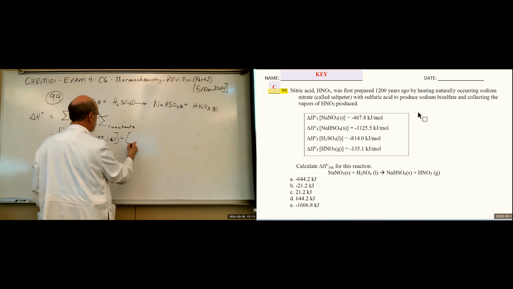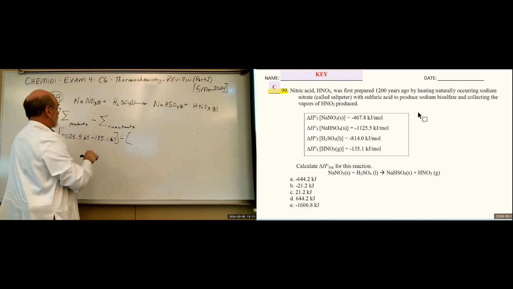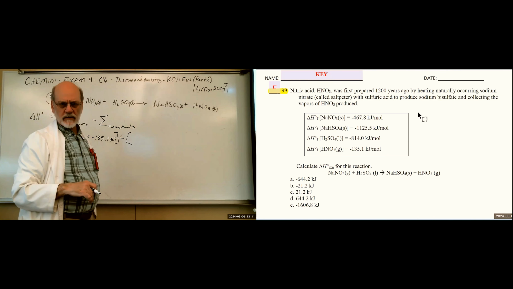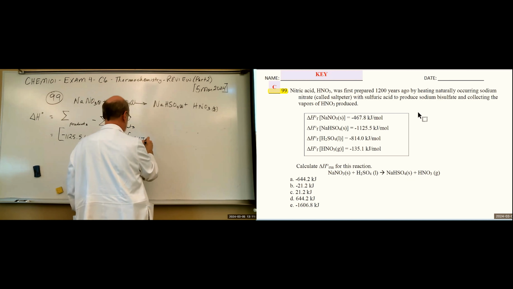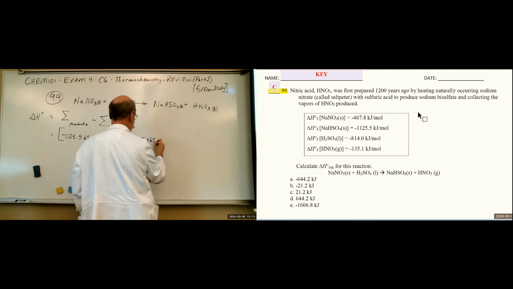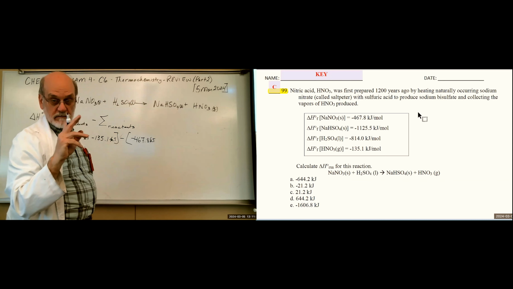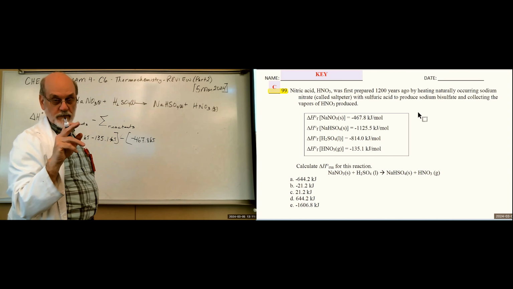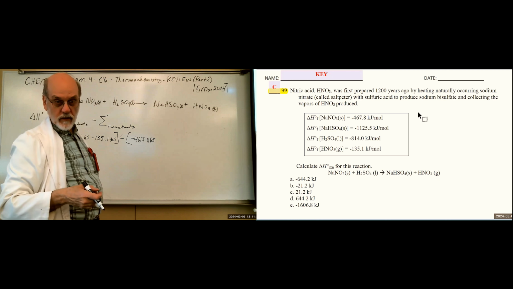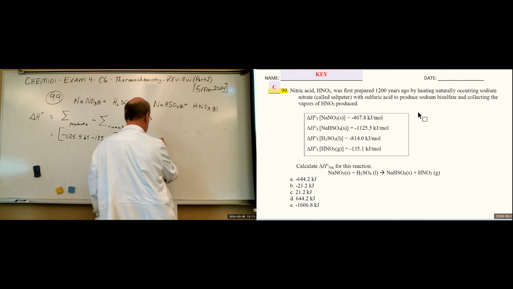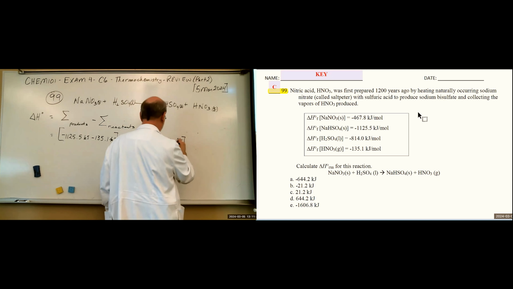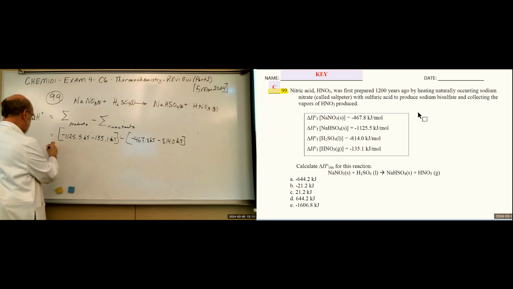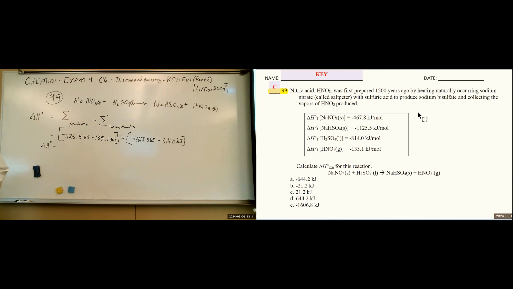And now we subtract the reactants. Saltpeter, minus 467.8. And sulfuric acid, H2SO4, minus 814.80. There we go. So that should be the delta H for this reaction under standard conditions.